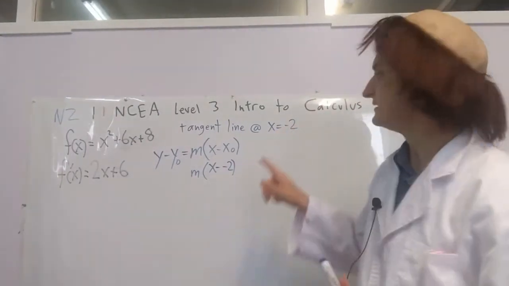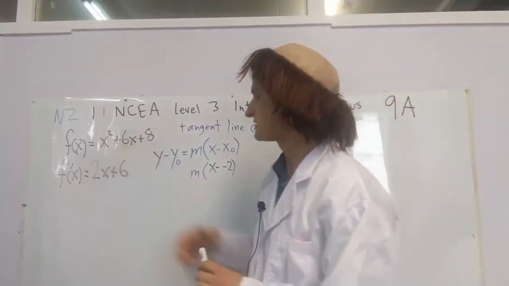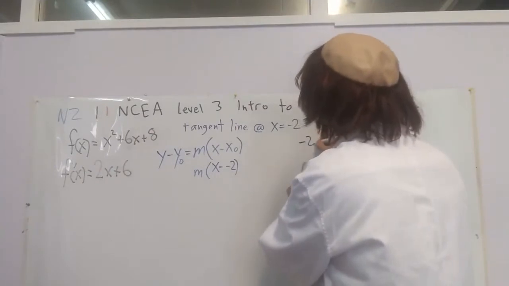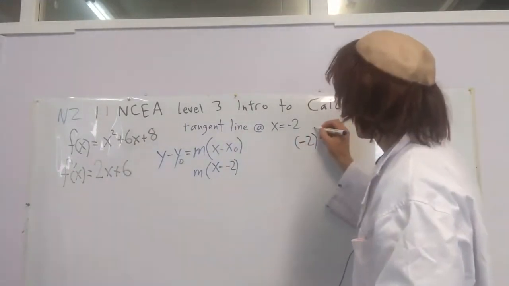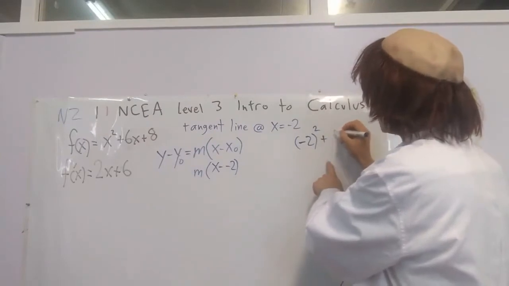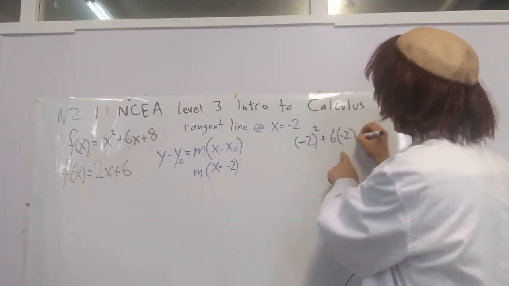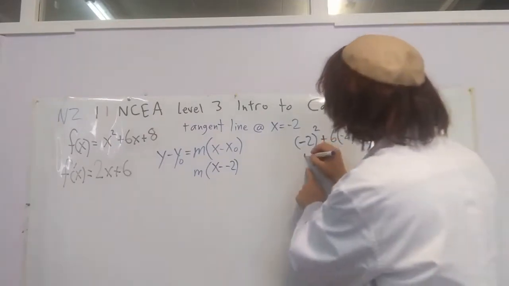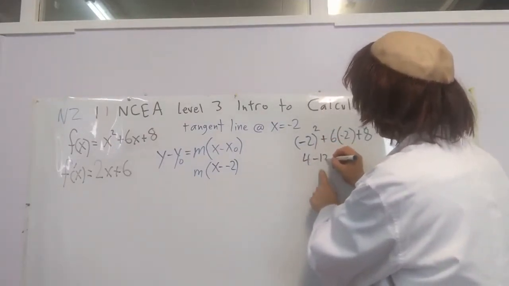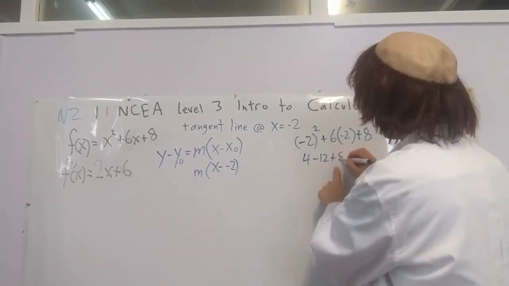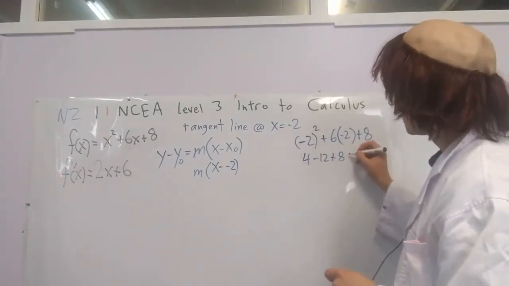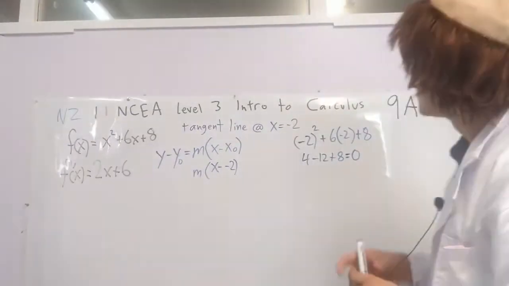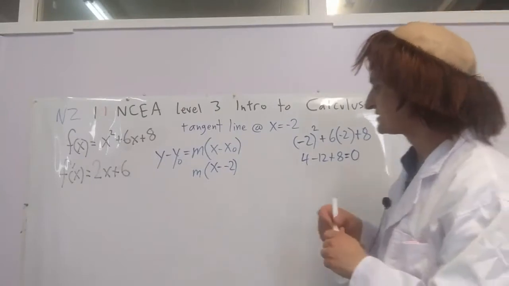We will plug negative 2 into our f of x. So this gives us negative 2 squared plus 6 times negative 2 plus 8. This becomes 4 minus 12 plus 8, which equals 0. So our y naught equals 0.